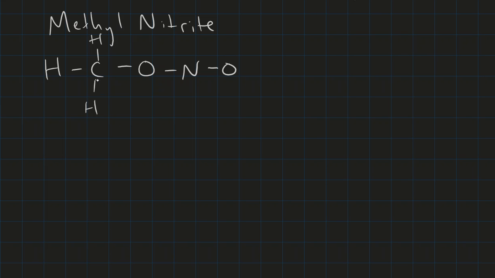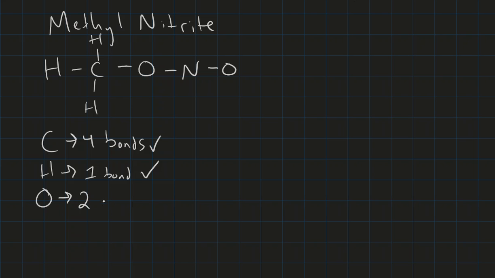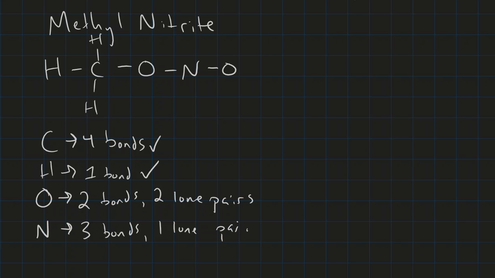So really, we know carbon is set. Carbon usually has 4 bonds. So that's all good. We know our hydrogens are set. They normally have 1 bond. All good. Now what about our oxygens? Oxygens normally have 2 bonds and 2 lone pairs. So we need to figure those out. And also nitrogen. Nitrogen normally has 3 bonds and 1 lone pair. So another one that we need to figure out here.